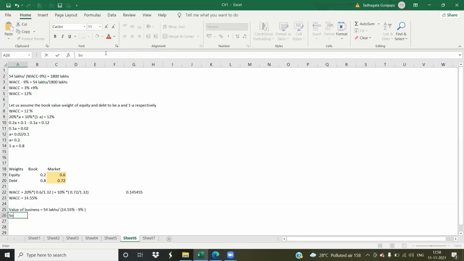Okay, so value of business is equal to 54 divided by 0.1455 minus 0.09. So it is 973 lakhs. So this is the solution.